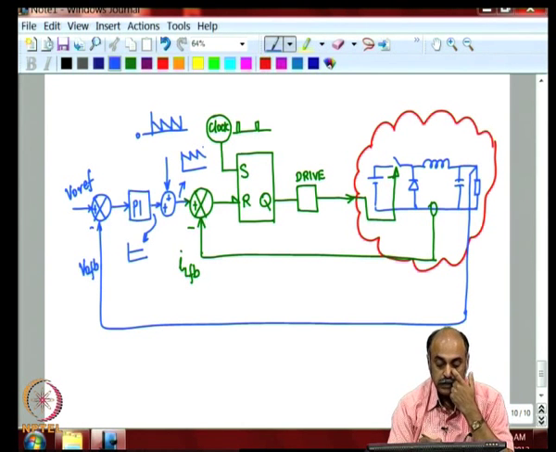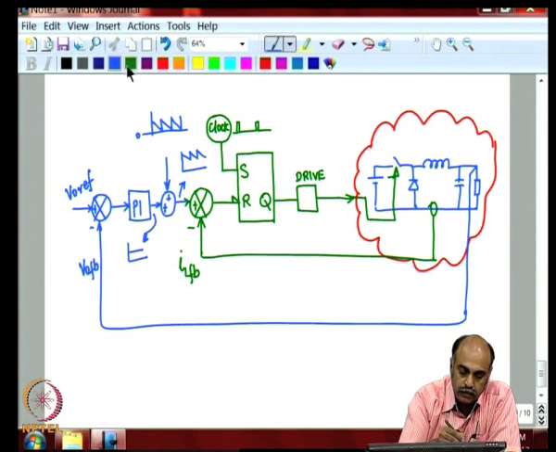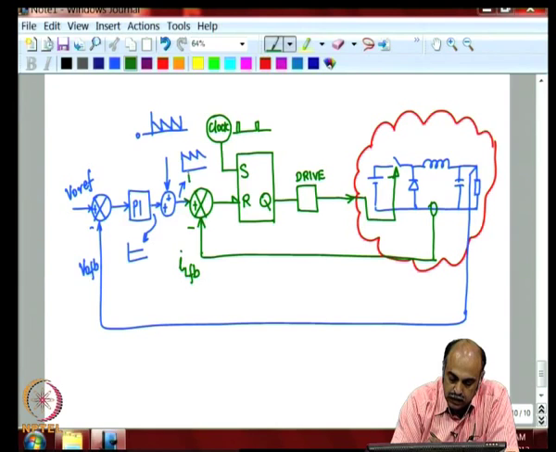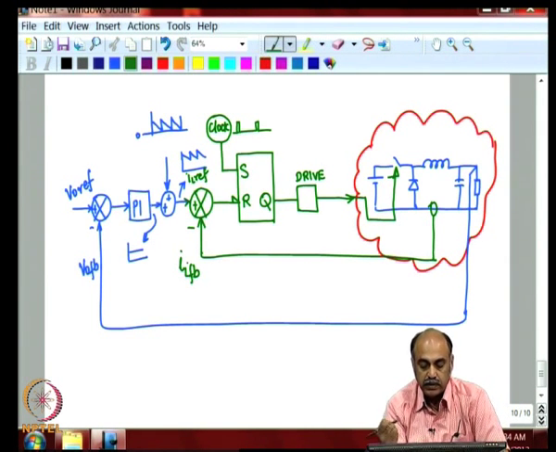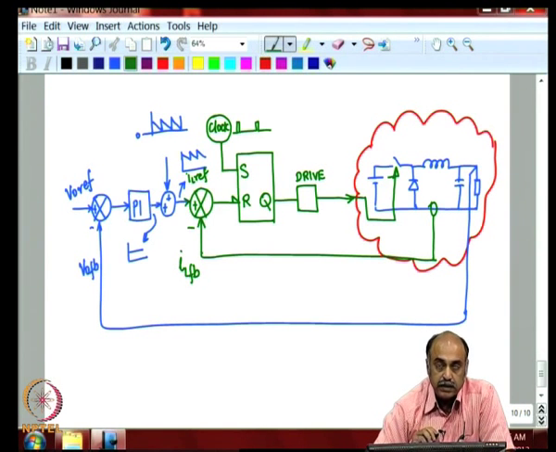And this forms the reference, which is actually compared with this one. So, this would be IL ref, which will be compared with the inductor current to get the slope compensated.